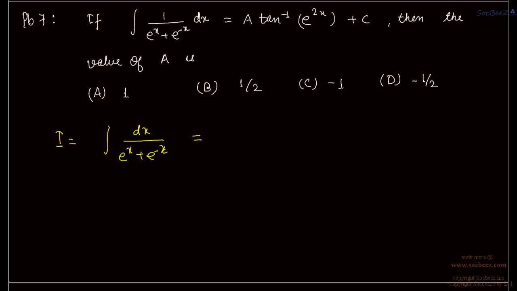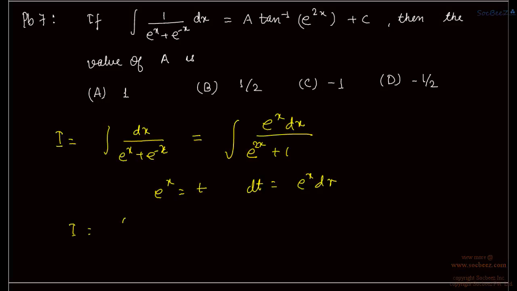If we take e to the power x as common, then we can write e to the power x dx upon e to the power 2x plus 1. So this integral can be written as dt upon t square plus 1.